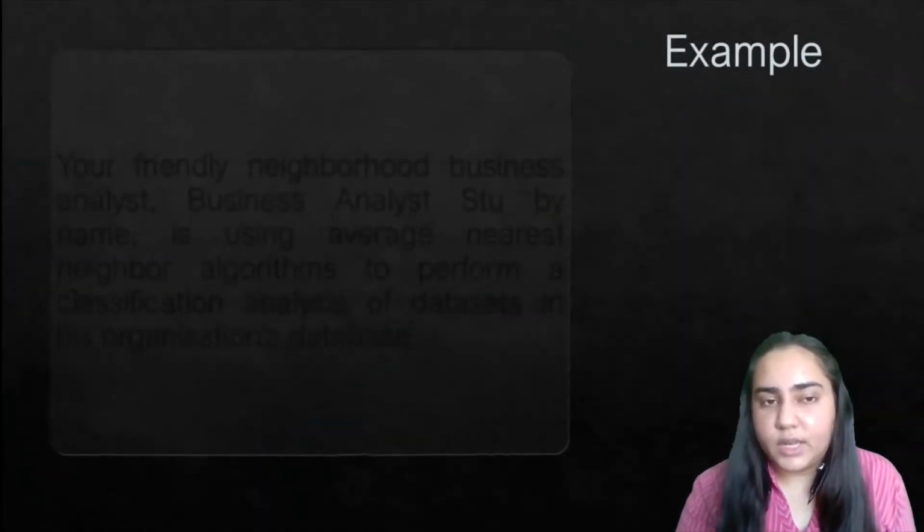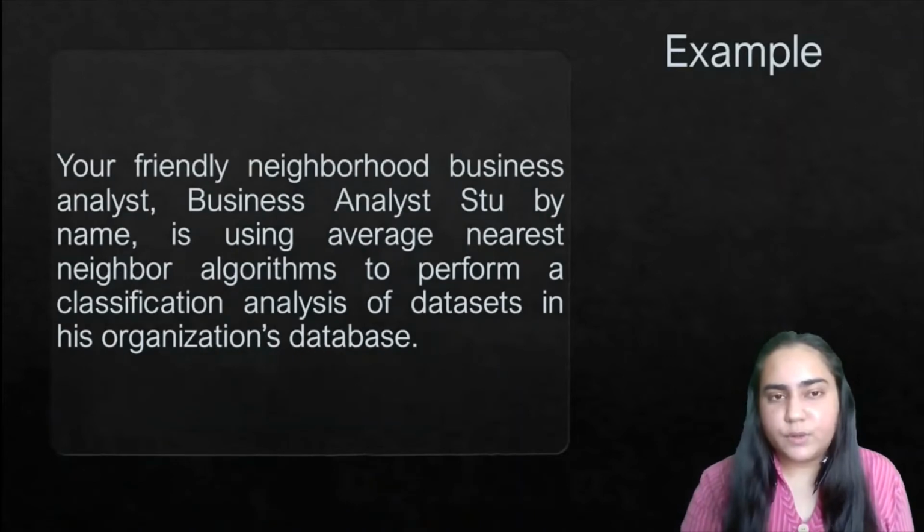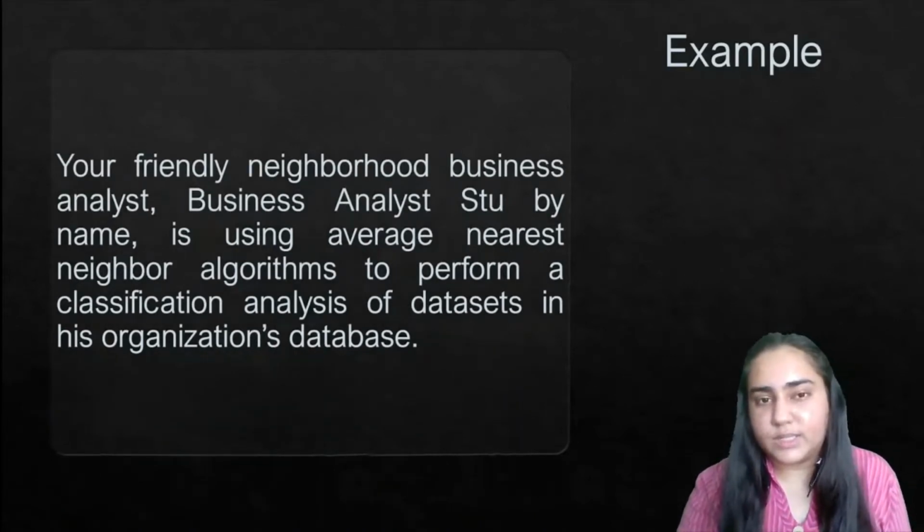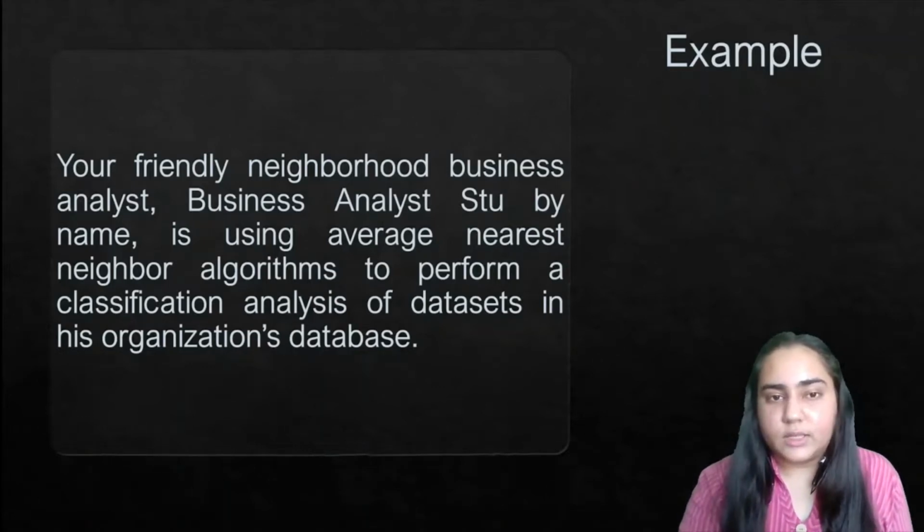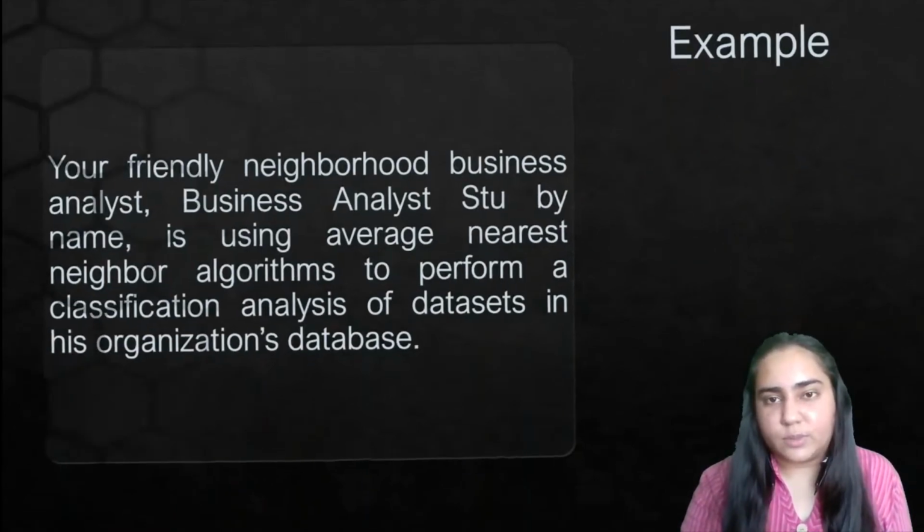Let's take a look at an example. Your friendly neighborhood business analyst, let's call him business analyst Stu, is using average nearest neighbor algorithms to perform a classification analysis of data sets in his organization's database.